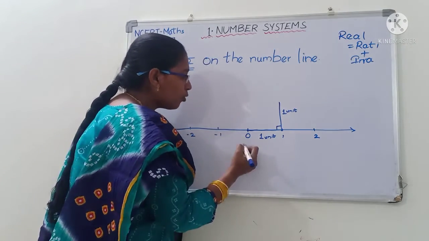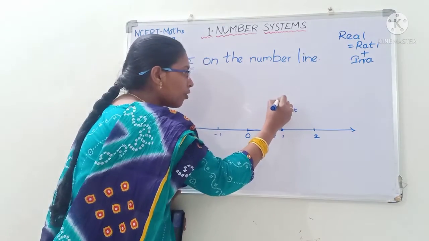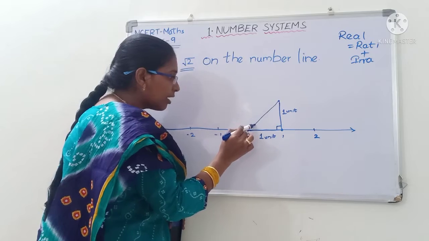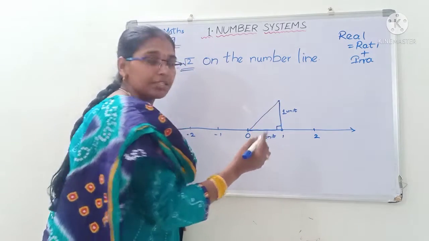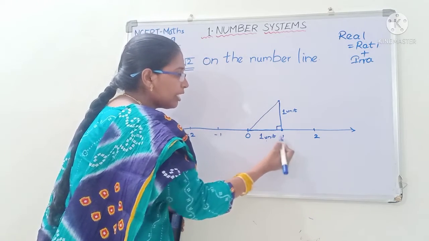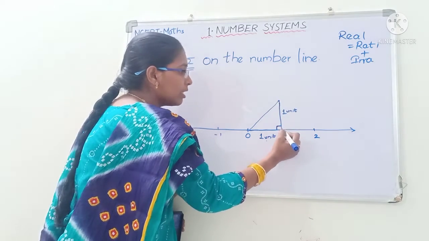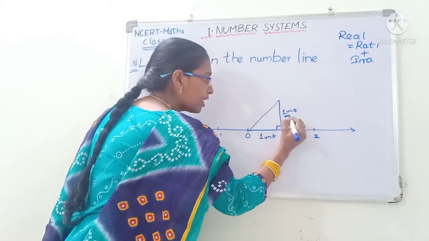Okay. Now, children, join the end point and 0. From 0, join it, children. From 0 to 1, it is 1 unit. Now, second step is draw a perpendicular line at 1. At point 1, draw a perpendicular line of length 1 unit.